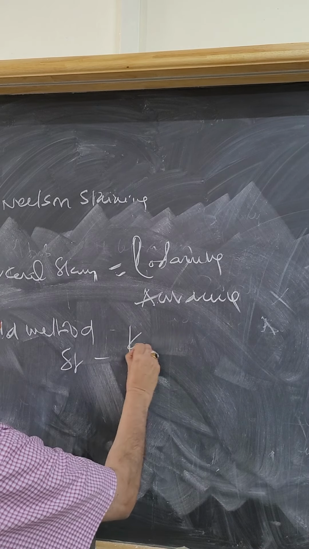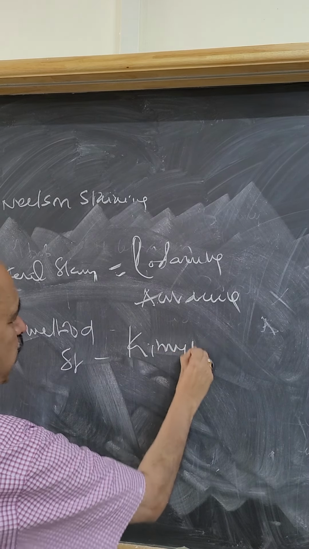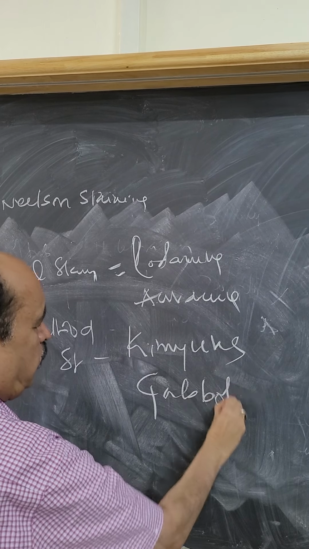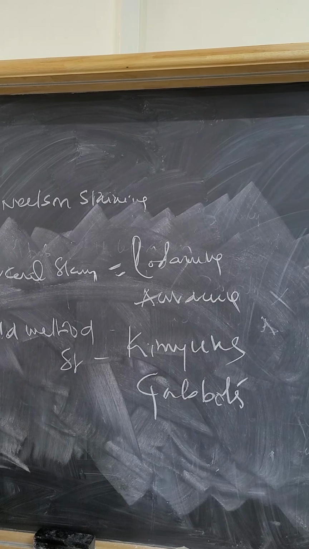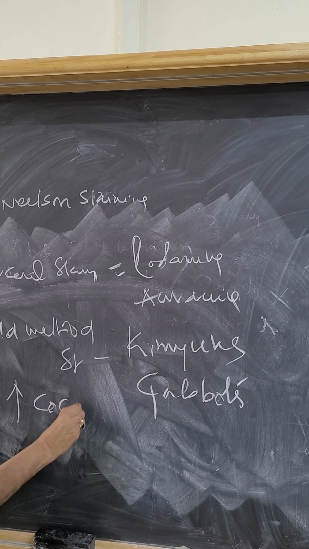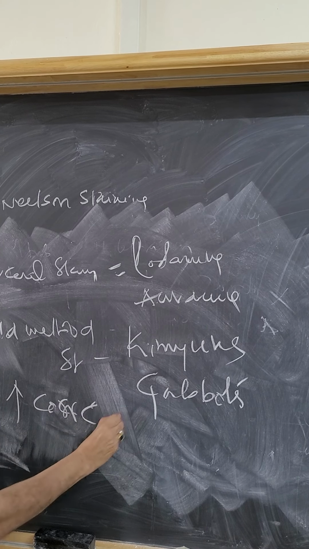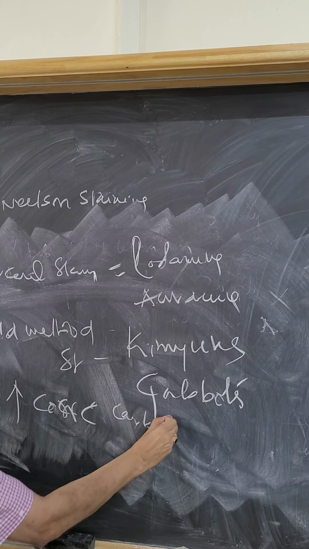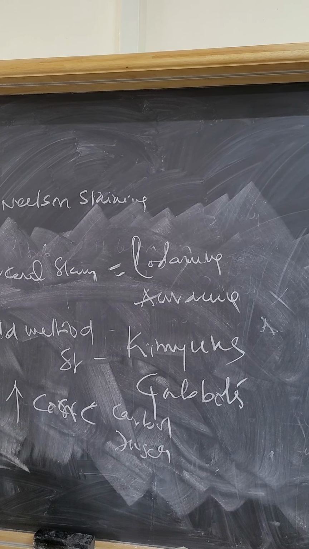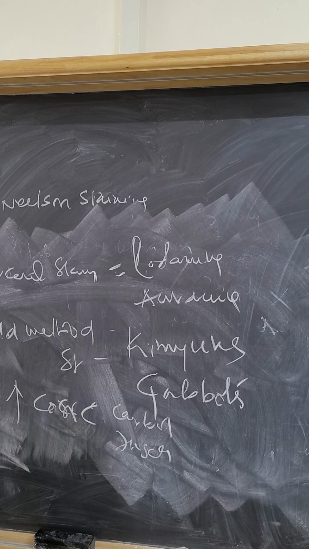These are Kinyoun and Gabbett. These are cold methods where you increase the concentration of carbolfuchsin.